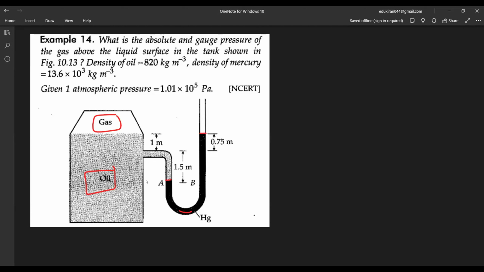One thing which you can notice from here, this is PA, this is PB. Both the pressure levels are the same. So according to Pascal's law, PA will be equal to PB. Now what is PB?